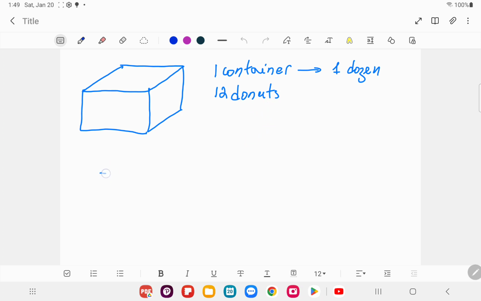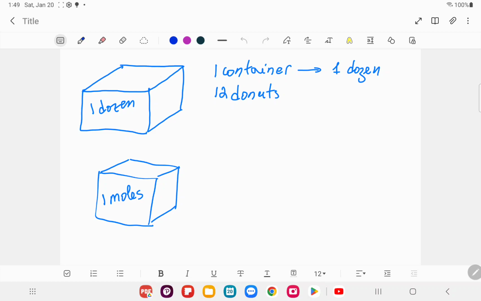In the same way, I can have another box, and now I say instead that this one is 1 mole. This first one will be 1 dozen. This box instead will contain 1 mole of molecules, for example. So 1 mole contains 6.022 times 10 to the 23rd items.